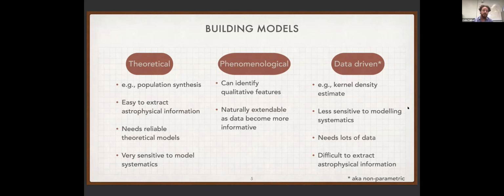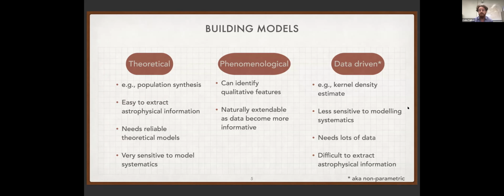Instead, you can go the completely opposite direction and go way over to the other side, to data-driven models, which are sometimes referred to as non-parametric. I don't particularly like that name, as often these have many, many implicit parameters, many more than any of the other models we might build. The simplest versions of these are histograms and kernel density estimates. You might take all of the masses that you've observed and just put them into bins in a histogram.